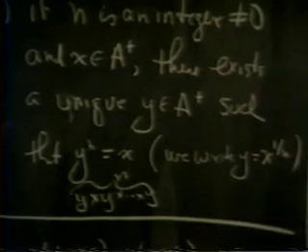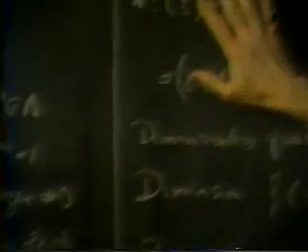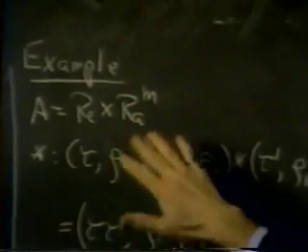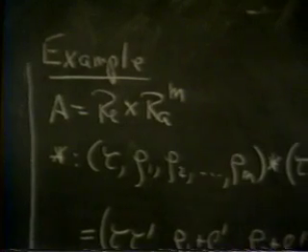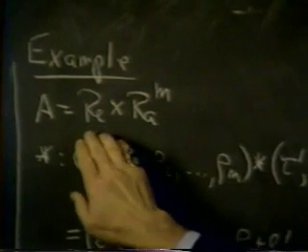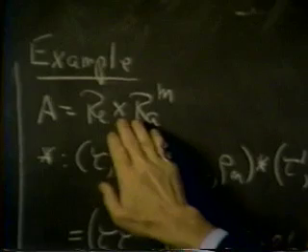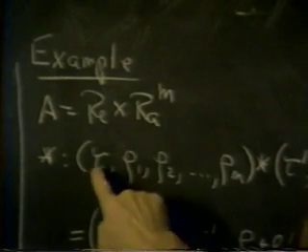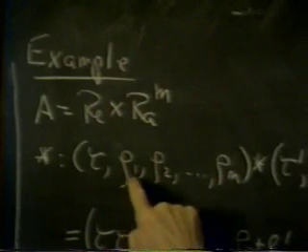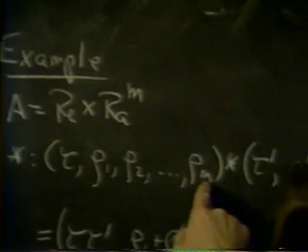Now, an example of such a structure, just to be fairly concrete about a numerical example that satisfies it, is suppose A consists of the real numbers composed with m copies of the rational numbers. So a typical element will be a real followed by a sequence of m rational numbers.